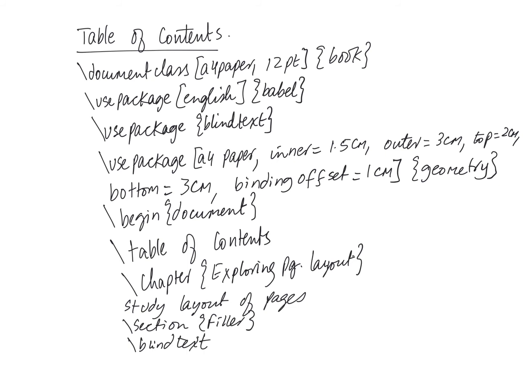Now in the previous case, we had another section, a subsection. That's up to you if you want to put the subsection. Let's just put it in so that you get enough practice of how to create these. More text, and blind text, maybe 10 lines.